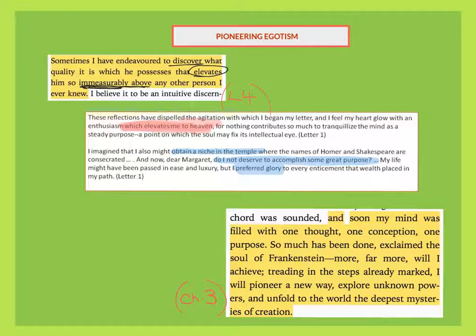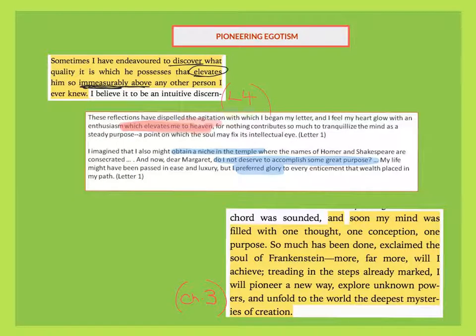Immeasurably, we also saw with that quote from letter 1 as well, the inestimable benefit. So beyond measuring, even though this is the age of the Enlightenment and we're looking at quantifying and rational thought, numerical precision and fact, there are things here that cannot be measured in terms of the greatness of those who would be a pioneer.